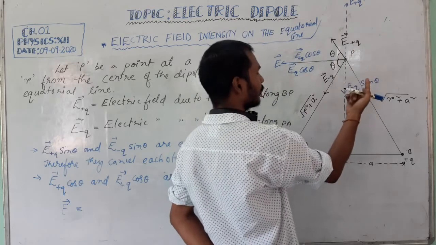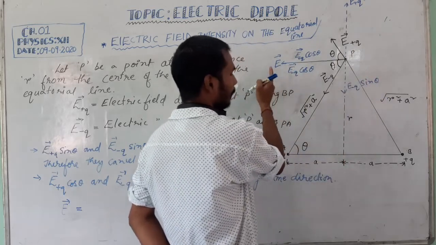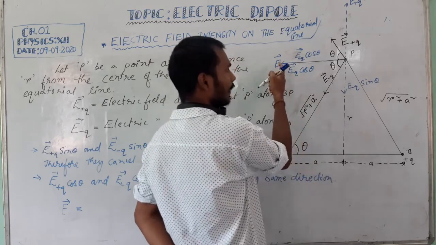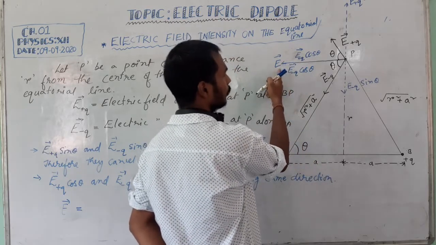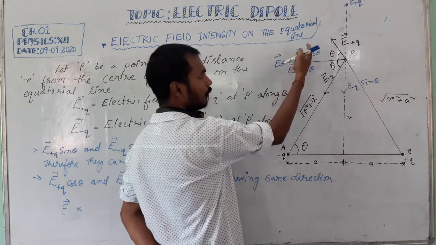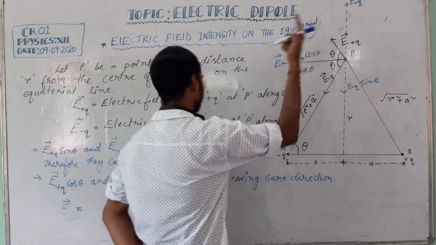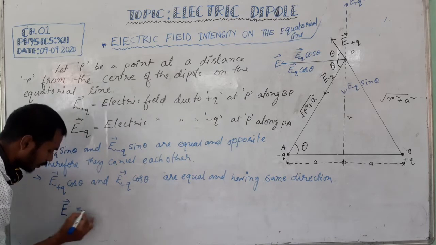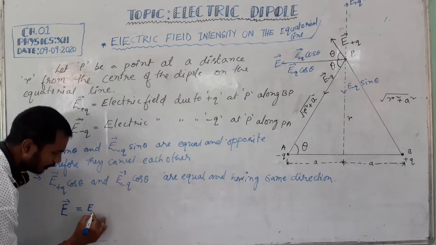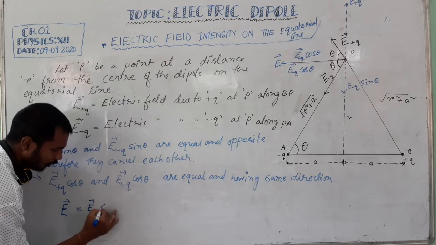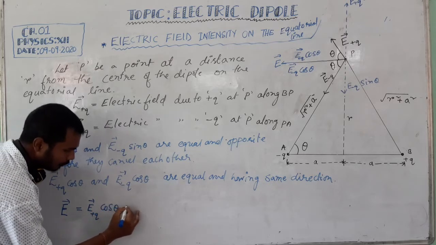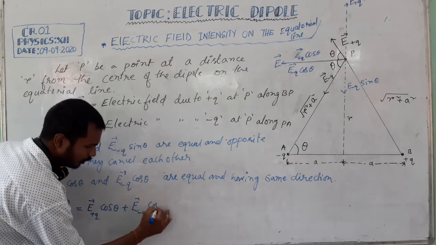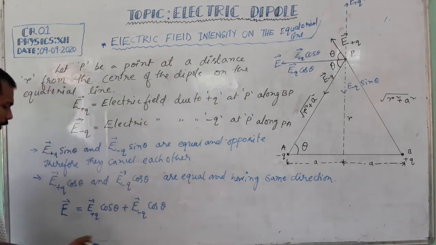Now the resultant electric field is along the direction that is parallel to the length of the dipole. So we will write E vector, the net electric field, is equal to E plus Q cos theta plus E minus Q cos theta. Now take the common term.